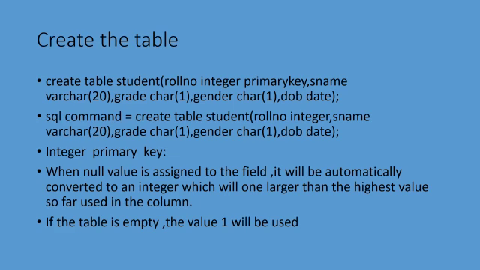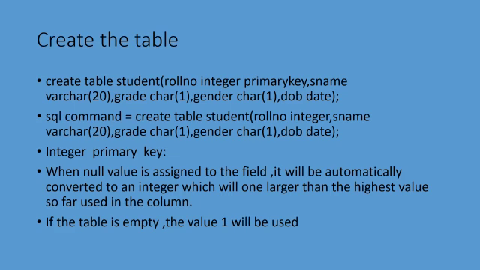For the next record, when I give the value as null for the 8th record roll number, what will happen here? It will not store the value null. Instead of that, it will increase 1 on the previous roll number value. What I have given is 7, so for this it will be displayed as 8.